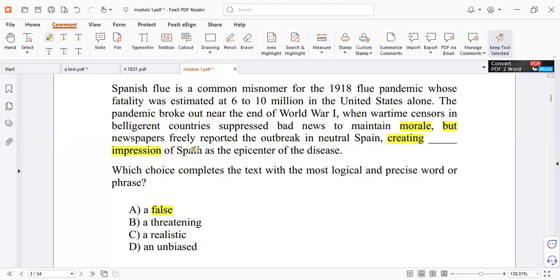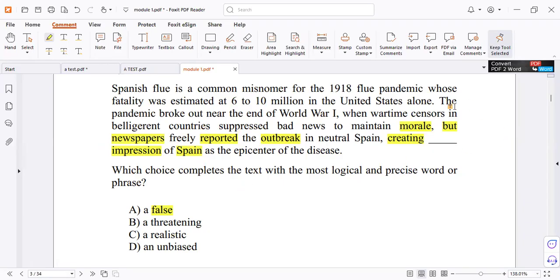So when the newspapers reported the outbreak, that makes a false impression about Spain. The government suppressed the bad news and the newspaper said no, there is an outbreak. So the newspapers worked against the government. That's why.